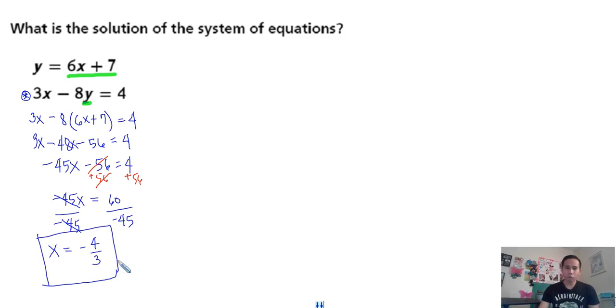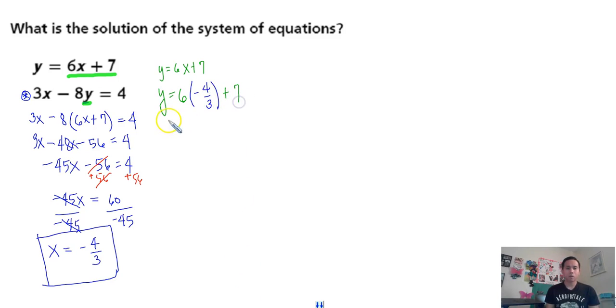For the next step, we have the value of x, but we need to find the value of y. As you can see, your first equation is written in y is equal to mx plus b, so you just plug in the value of x, which is negative 4/3, to find the value of y. So y is equal to 6x plus 7, and x is negative 4/3, so 6 times negative 4/3 plus 7.